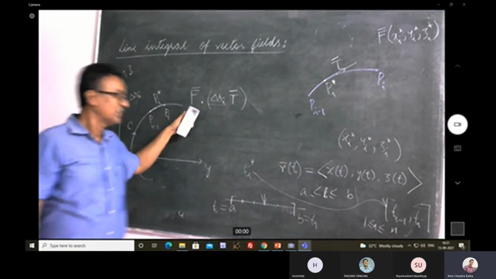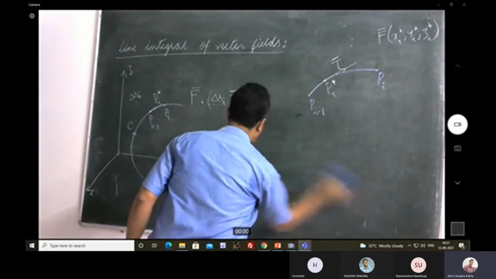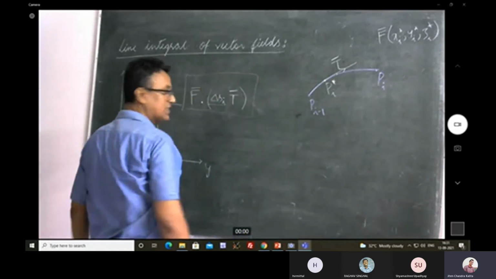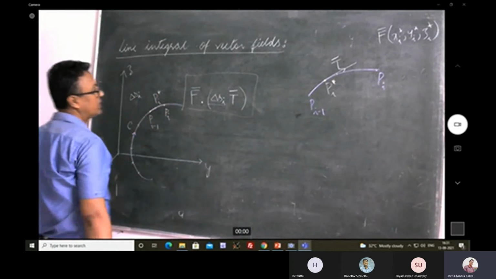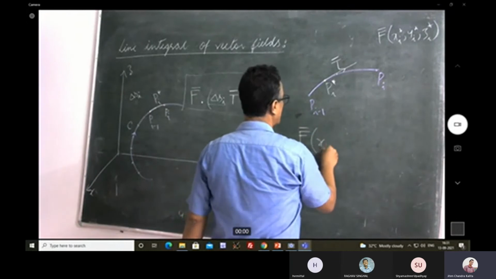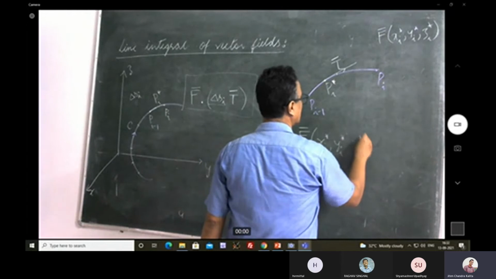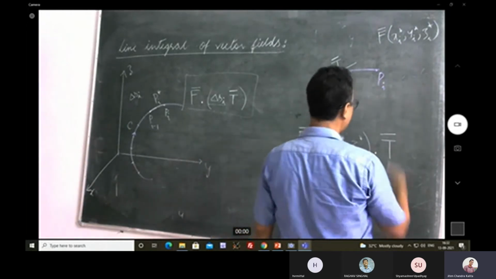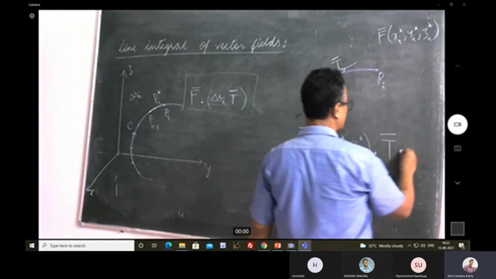Right? So now what we are going to do is add all such entities along those sub-arcs. That is going to give me something like this: F of x star, y star, z star dot T, and let it be simply T. I am not really worried about it because you will understand.